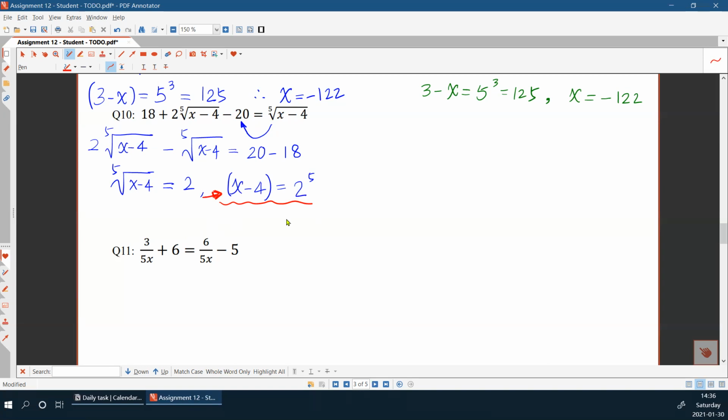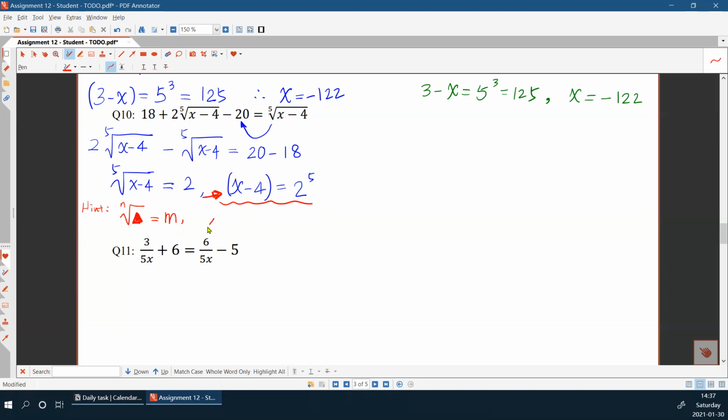I'll write the hint for you. When you have nth root of something, let's use a triangle sign here. Nth root of something is, for example, m. What is the triangle here?